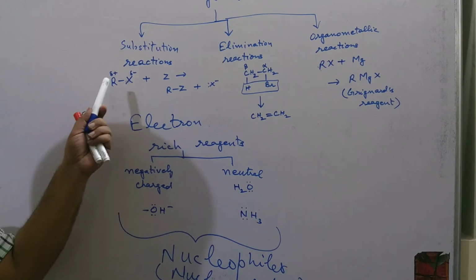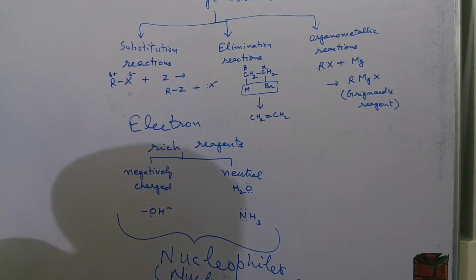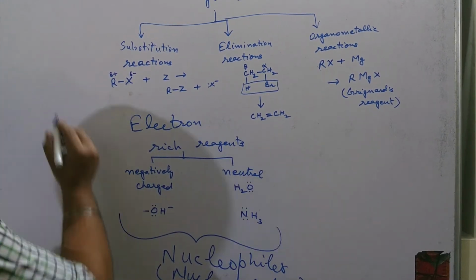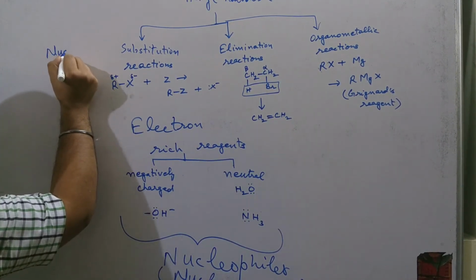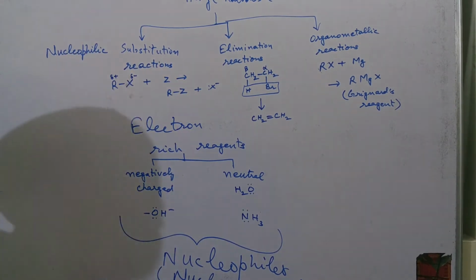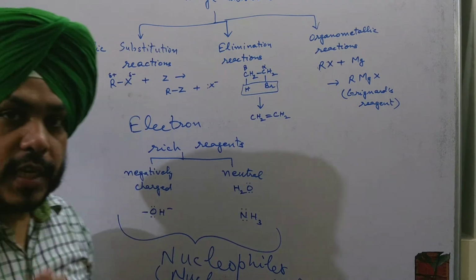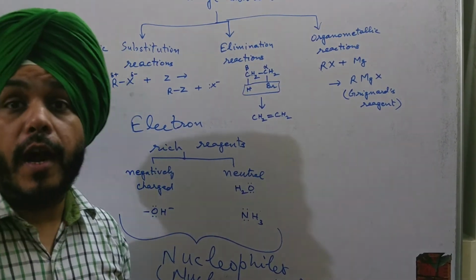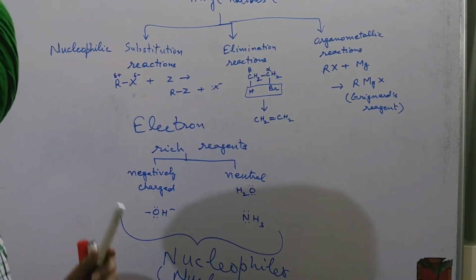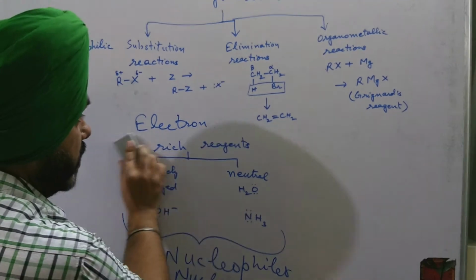They attack the positively charged carbon atom which is directly attached to the halogen atom in alkyl halides. So the substitution reactions which alkyl halides undergo are called nucleophilic substitution reactions. These reactions have various mechanisms. Alkyl halides do not undergo substitution by only one particular mechanism; they undergo nucleophilic substitution by various mechanisms.